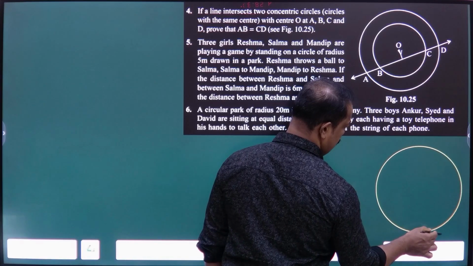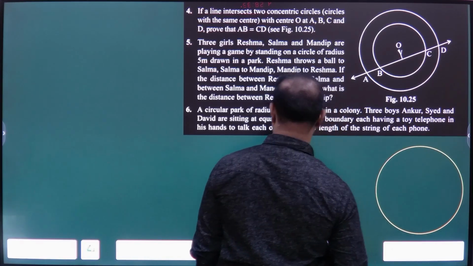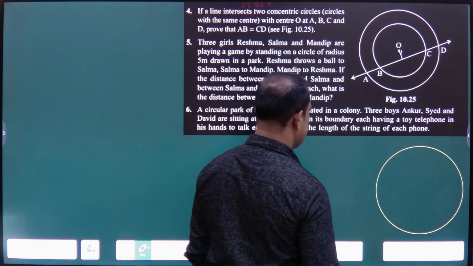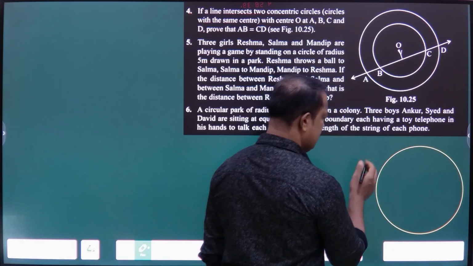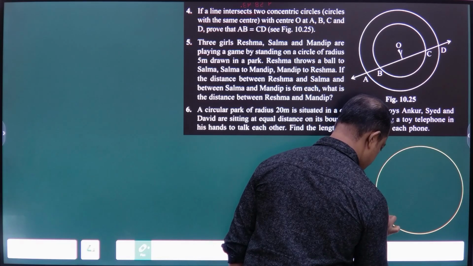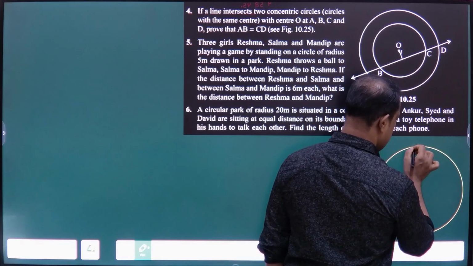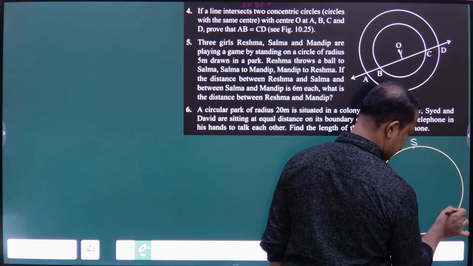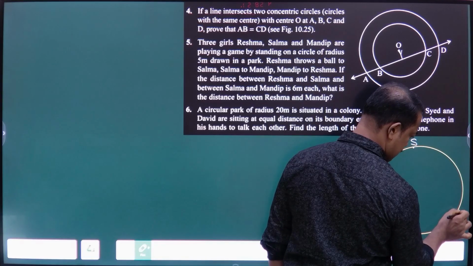So draw a circle. Mark the position of the three boys: Ankur, Said, and David.